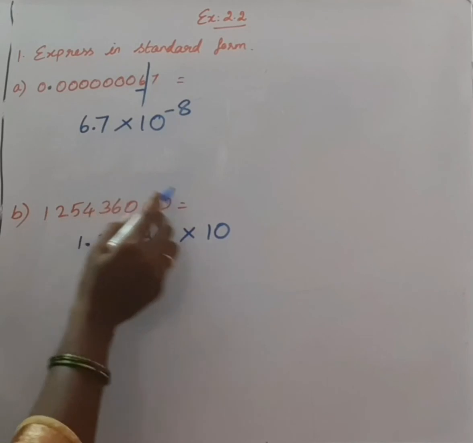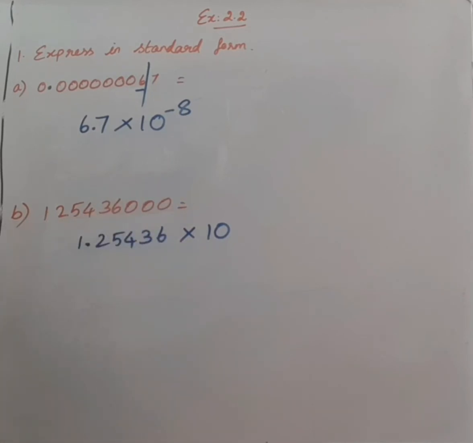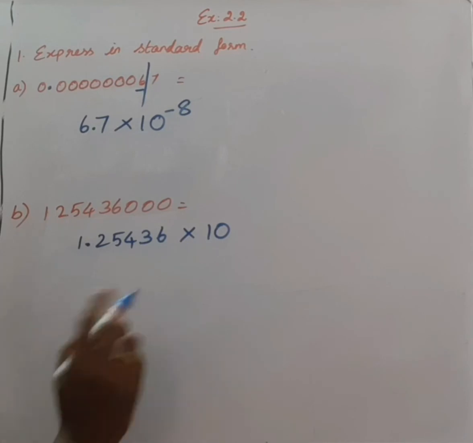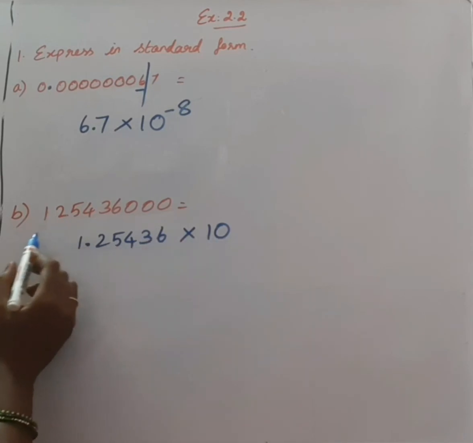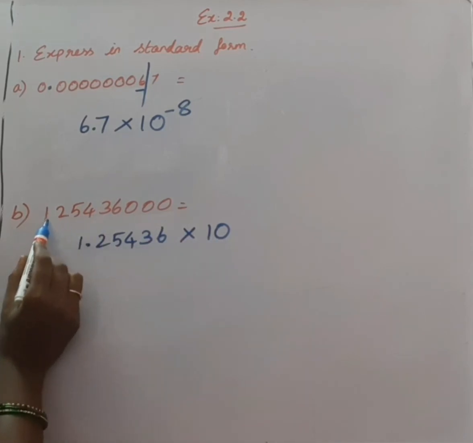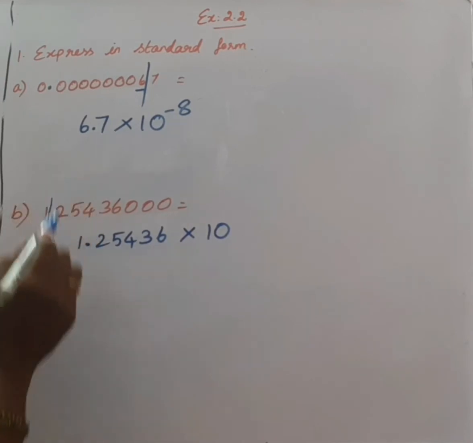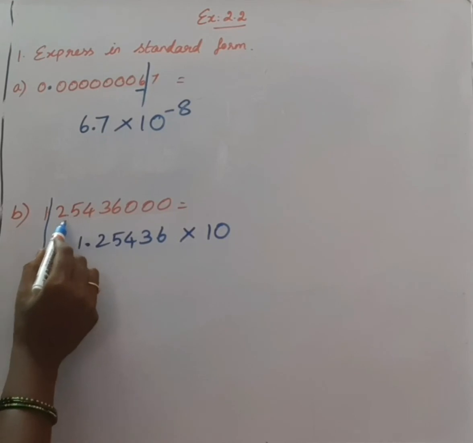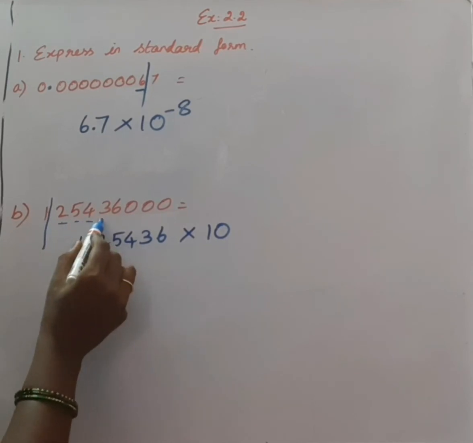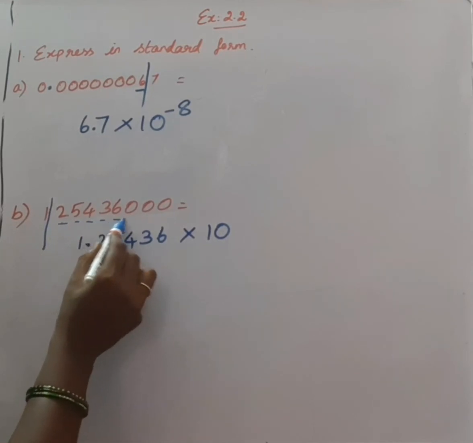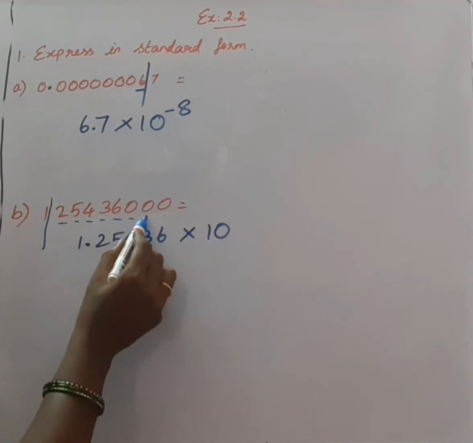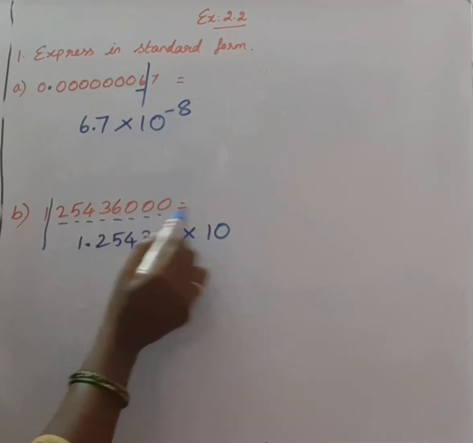It is an integral part, so no need to write a negative. It is a positive value. Okay. So count the numbers after this place: 1, 2, 3, 4, 5, 6, 7, 8.